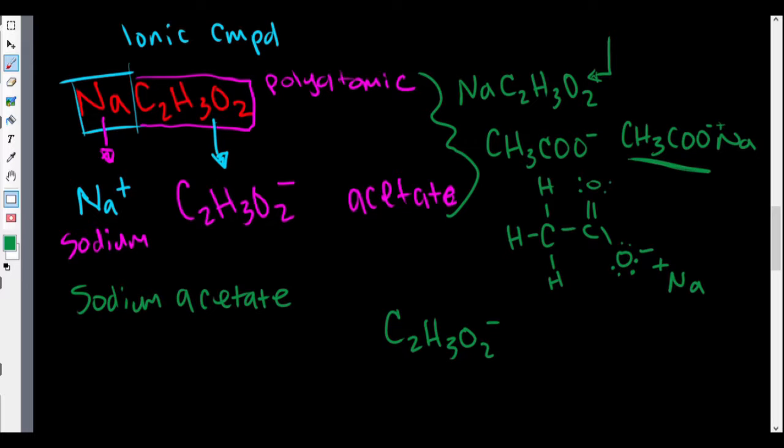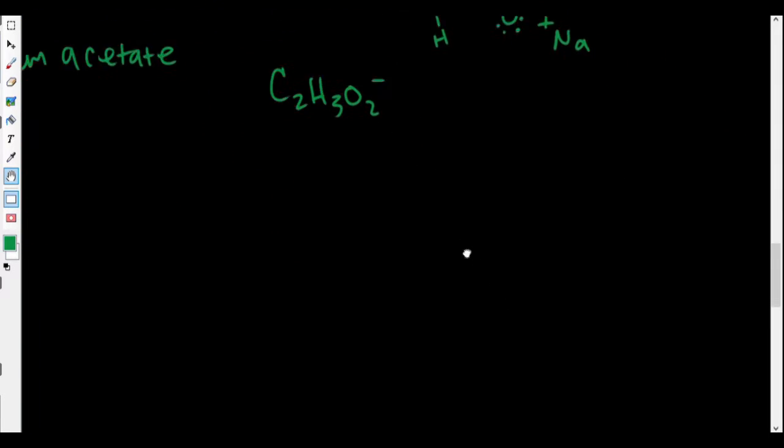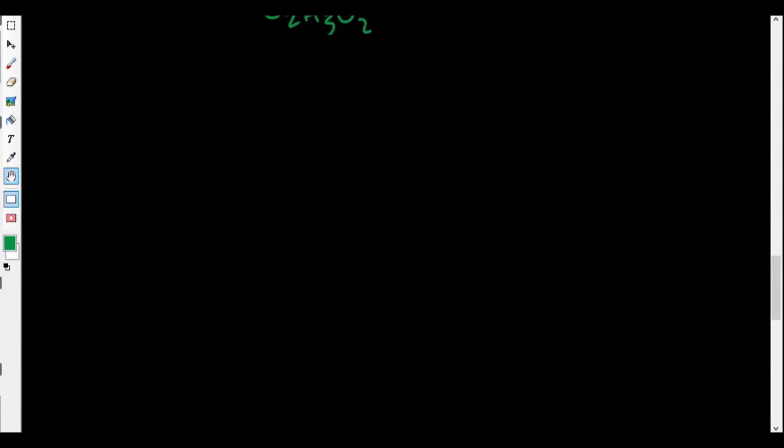Okay, so let me go ahead. Hopefully this kind of helped a little bit. Let me go ahead and write some examples. As I'm writing them, why don't you guys go ahead and try them? The ones in blue, you'll need to write the name. So blanks, then name.